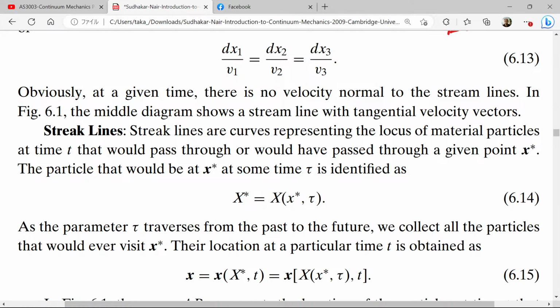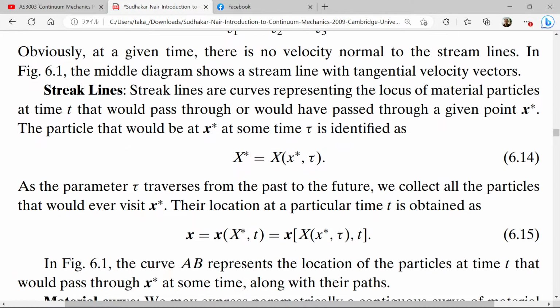Their location at a particular time t is obtained as x equals x star at time t.